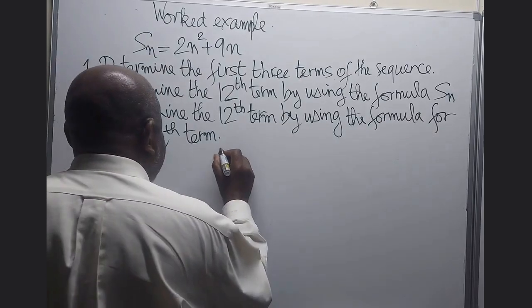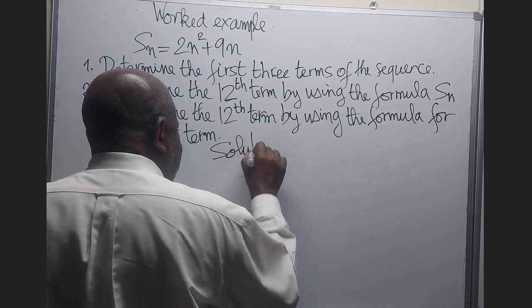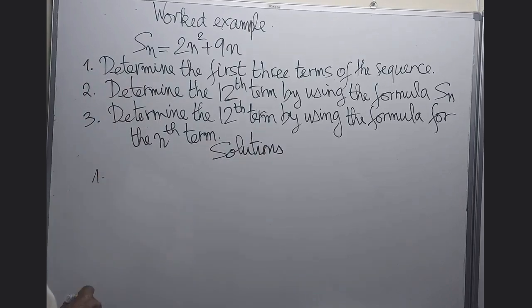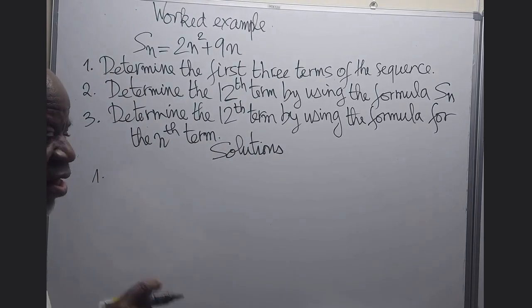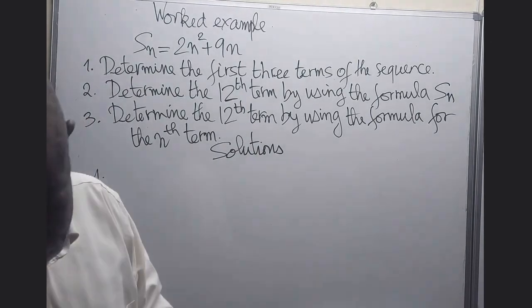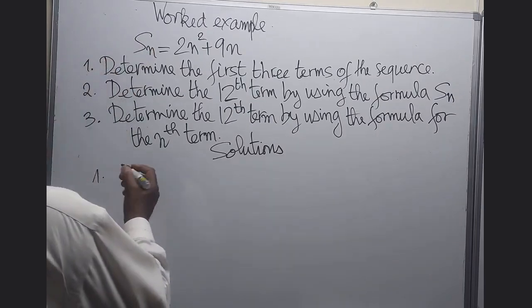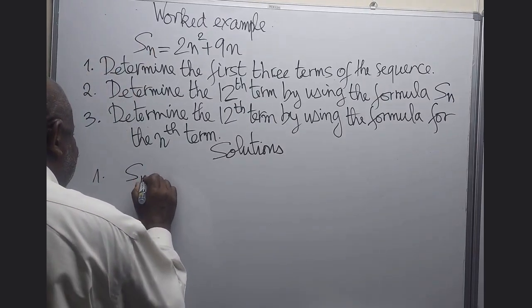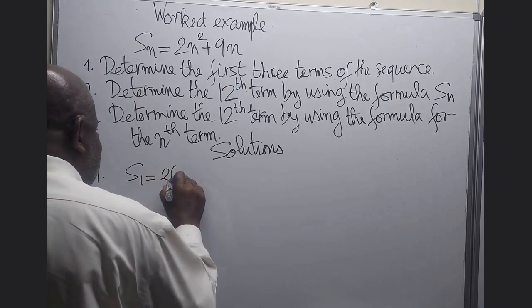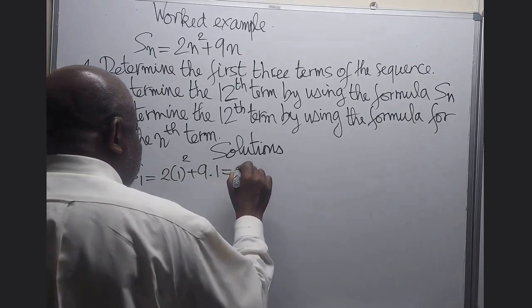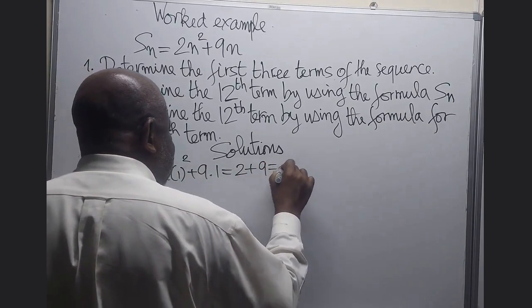Solutions. Number 1. Determine the first 3 terms of the sequence, meaning T1, T2, and T3. So we're going to use this formula. We'll start by saying S1 will be equal to 2 times 1 squared plus 9 times 1, which is equal to 2 plus 9.